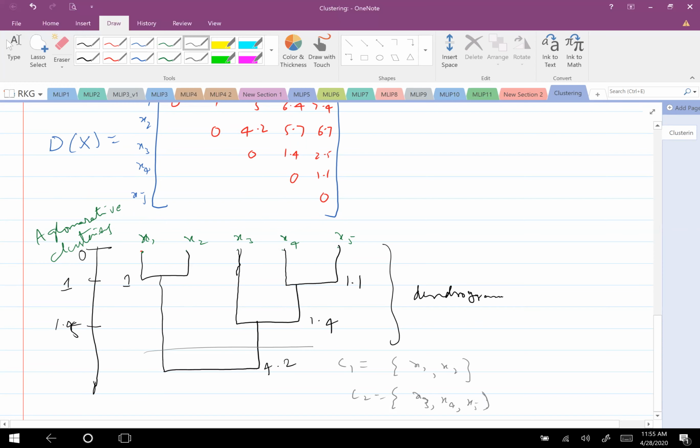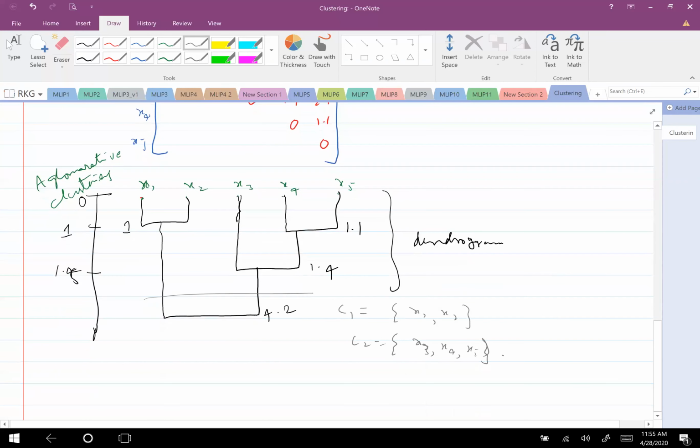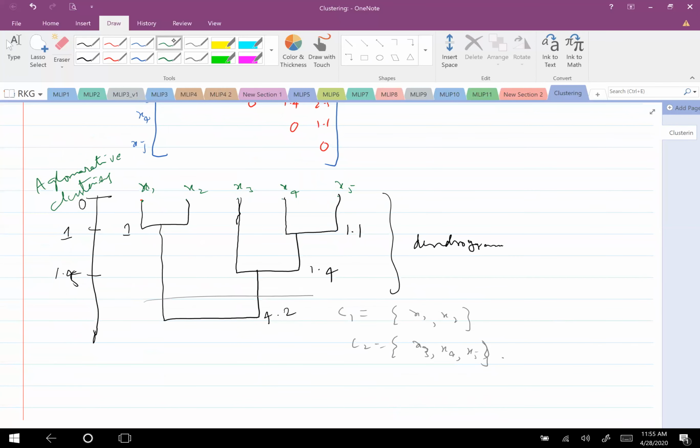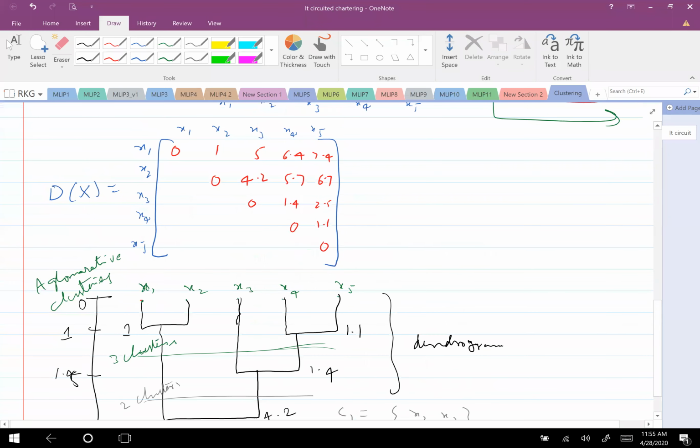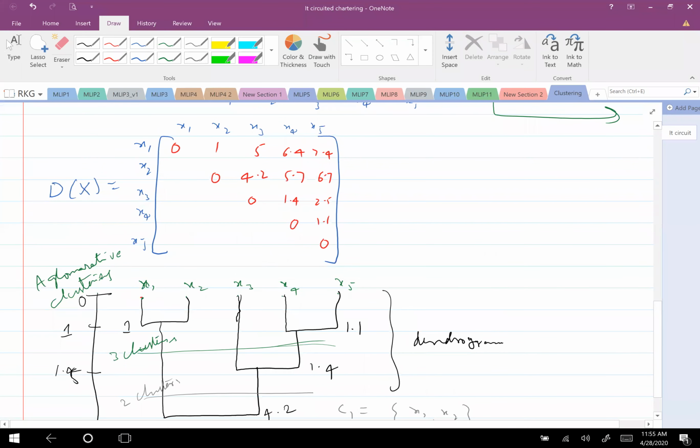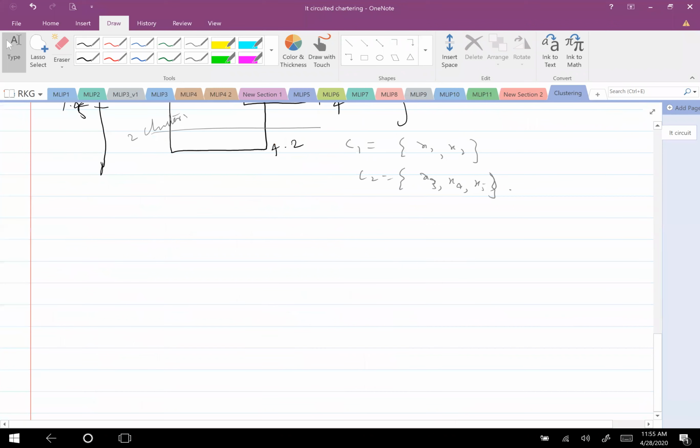If I ask you to give three clusters, then I can break it here and get three clusters, and so on. Is this process understood?